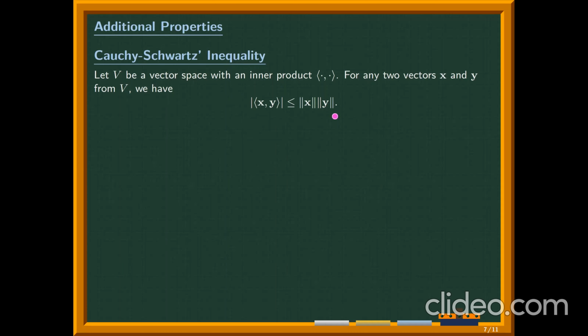And this inequality is stated as follows. Supposing that V has an inner product, so it's an inner product space. So given two vectors x and y, then the absolute value of the inner product of x and y will not exceed the product of the lengths of the vectors x and y.